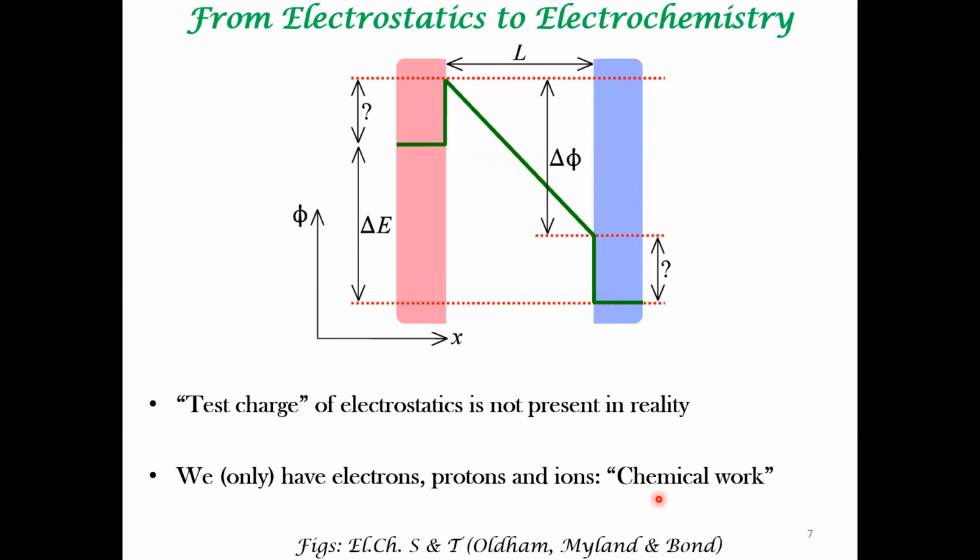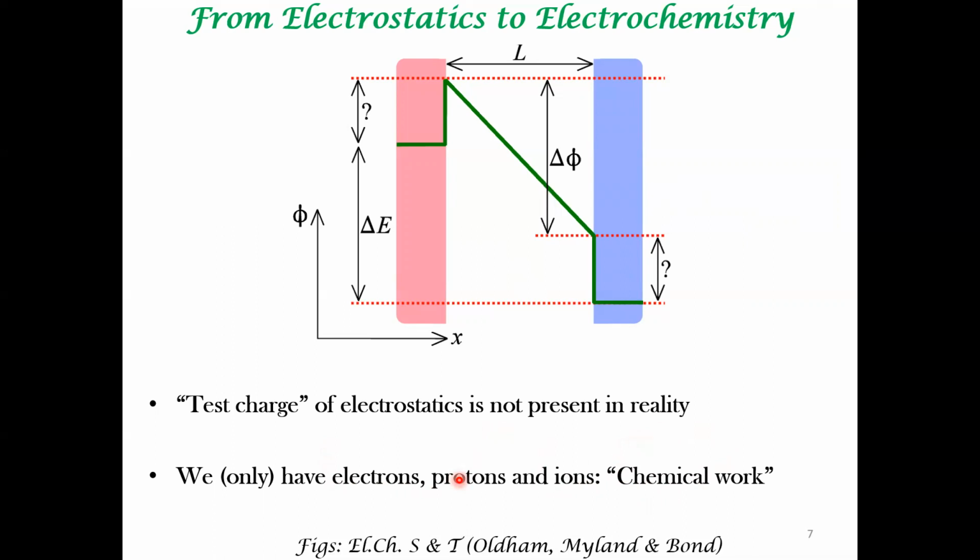But right now, you should have an appreciation that the chemical environment plays a big role in defining the work involved in transfer of charges, movement of charges from one point to another. And these crucially depend upon how we think about the size and structure of these ions.